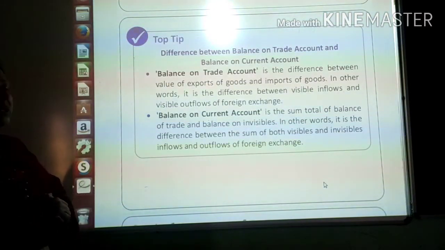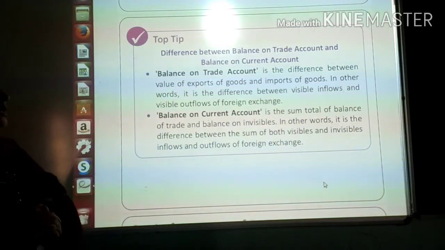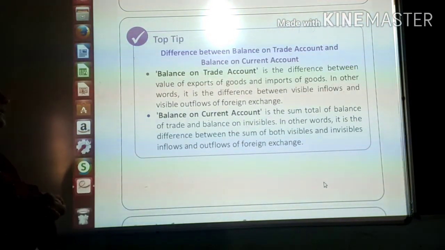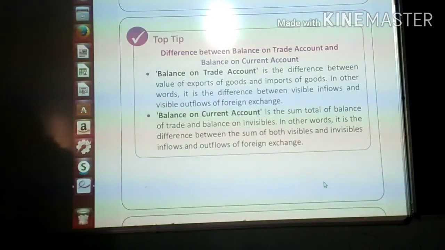Now, balance on current account is the sum total of balance of trade and the balance on invisibles. In other words, it is the difference between the sum of both visible and invisible inflows and the outflows of the foreign exchange.